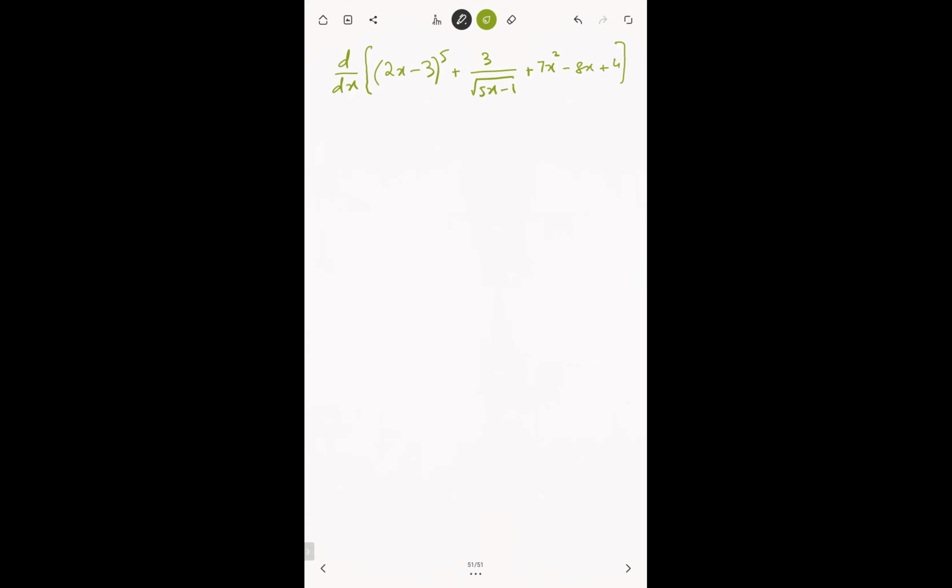I think in the first step, for 3 over under root (5x minus 1), you should bring this into the numerator. G, please start. Don't wait for me. Raja Rutab, everyone, please start.